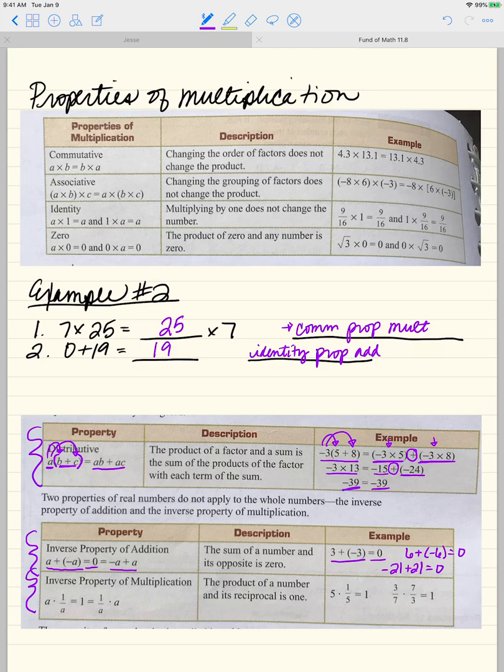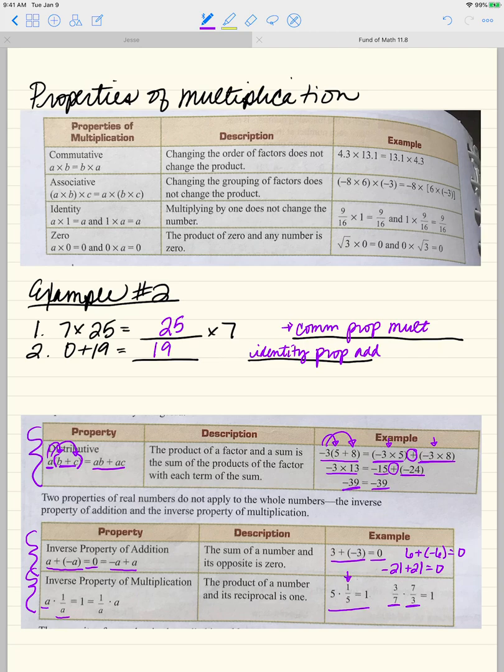Lastly, we have an inverse property of multiplication. And that means a number times its reciprocal is equal to 1. Okay, is equal to 1. So over here, we have 5 times 1 over 5 is equal to 1. 3 over 7 times 7 over 3 is equal to 1. So a number times its reciprocal is 1.